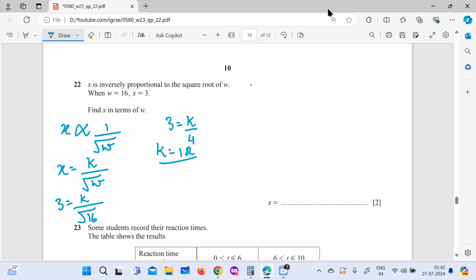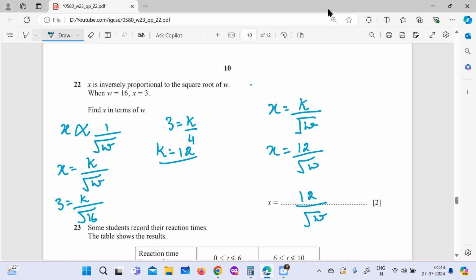Now, your question is to find x in terms of w. So we have x equal to k over root w. So we can write x equals 12 over root w. So your answer will be 12 over root w.